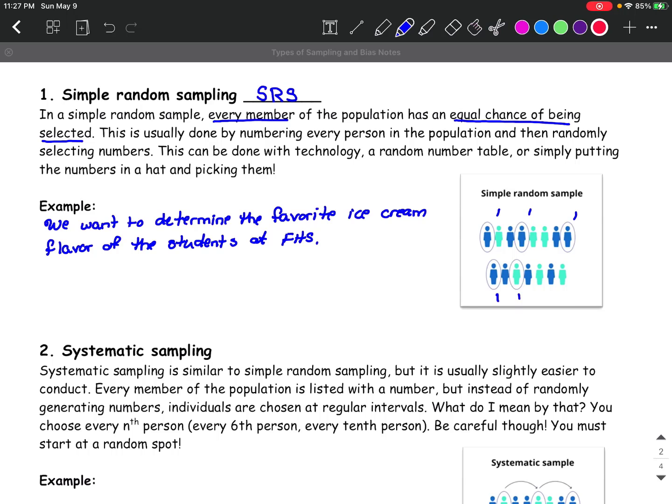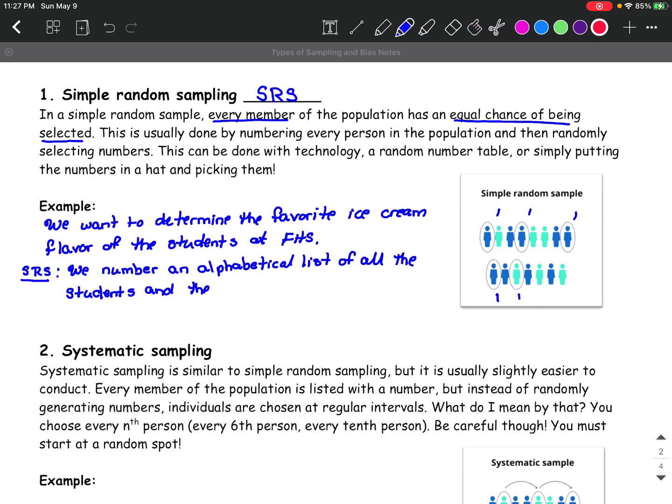Okay, so if we're going to do an SRS, okay, a simple random sample, one way we could do that is we number an alphabetical list of all the students and then randomly select 400 students and interview them or survey.